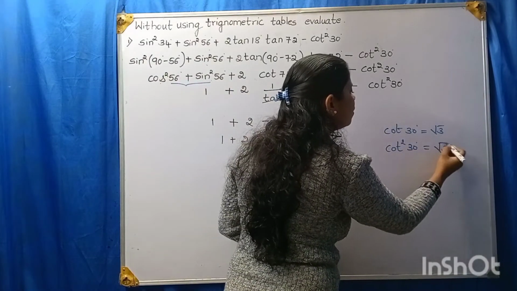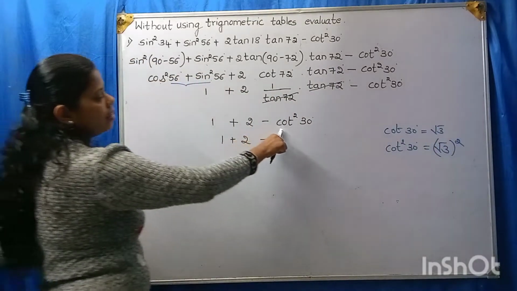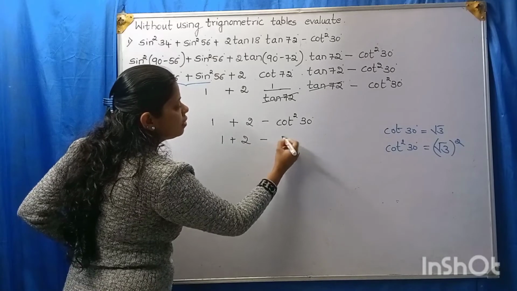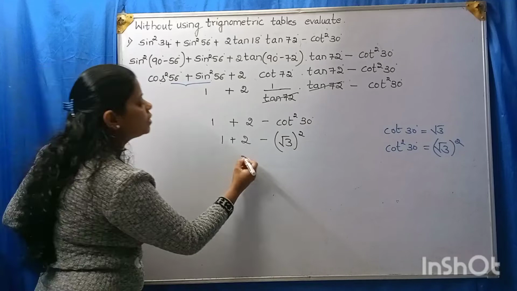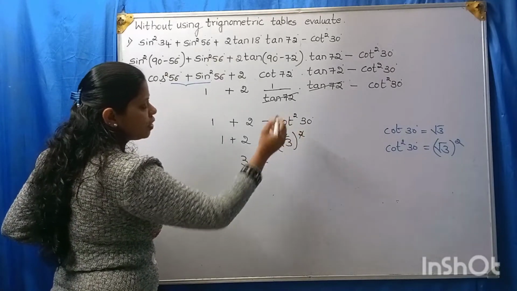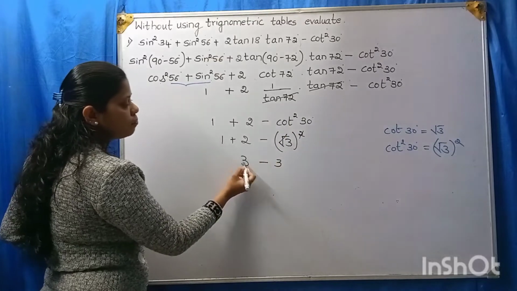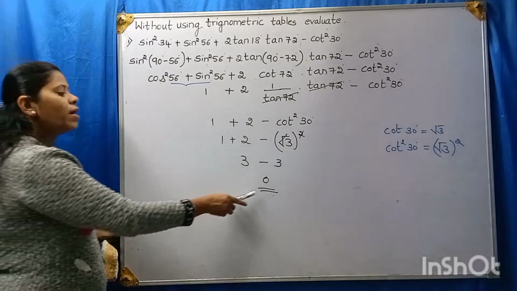Root 3 square. Therefore, 1 plus 2, 3, minus root 3 square; square root and square cancel. 3 minus 3 is what? 0. The value is 0.